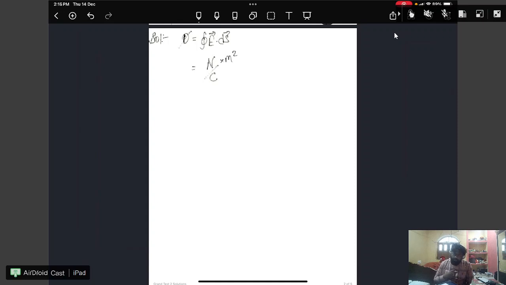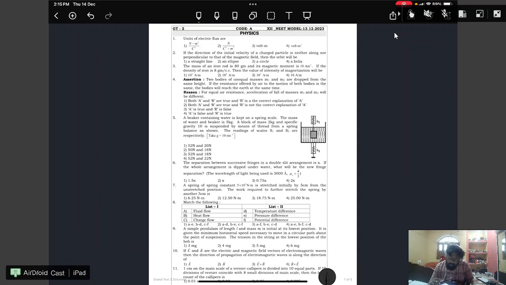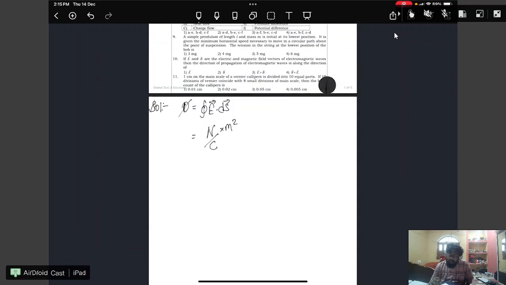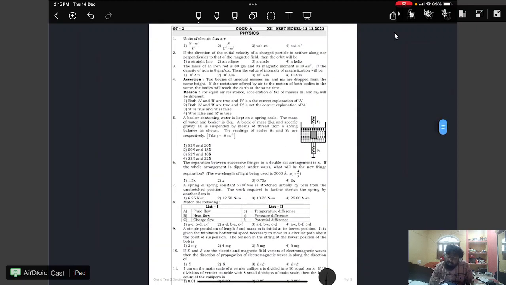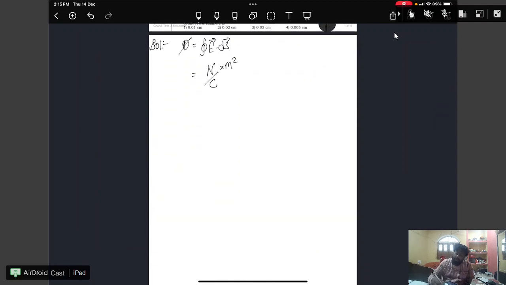Now in the options, Newton per Coulomb is not given, Newton per Coulomb square is there. And the third and fourth options are in volt per meter. So we will try to convert it into volt. We already know electric field is volt per meter.